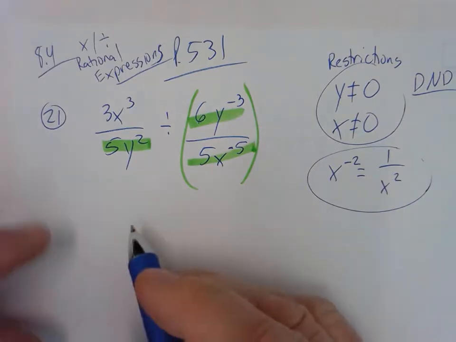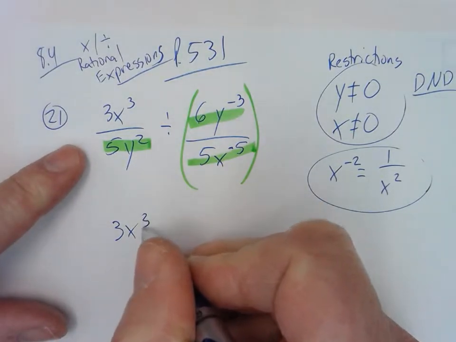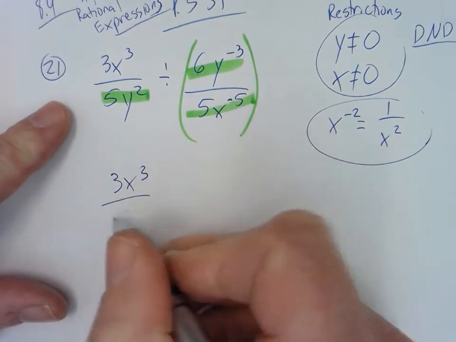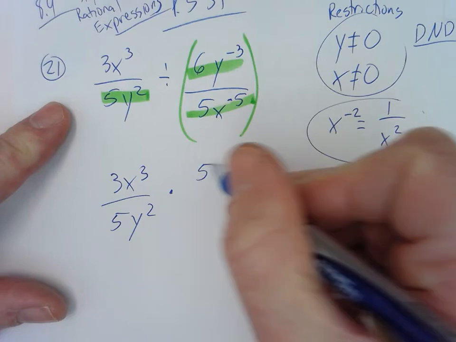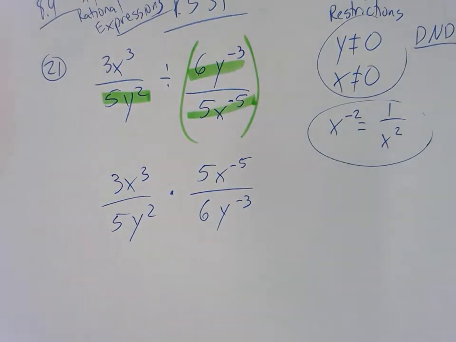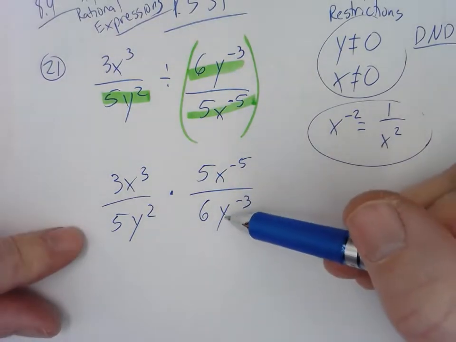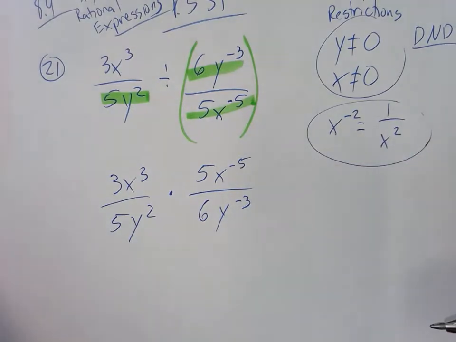Anyway, now I'm going to flip: 3x cubed over 5y squared times 5x to the negative 5 over 6y to the negative 3. Now I'm going to cross the line and change the sign. So the y is going to go to the top and the x is going to go to the bottom, and you cross over the fraction line, you change the sign.